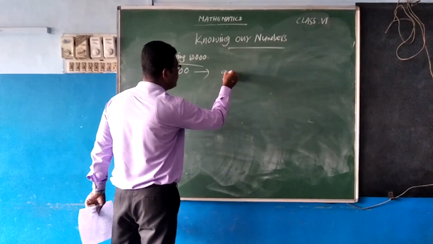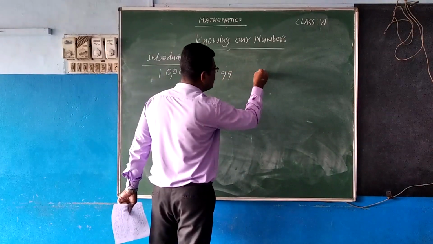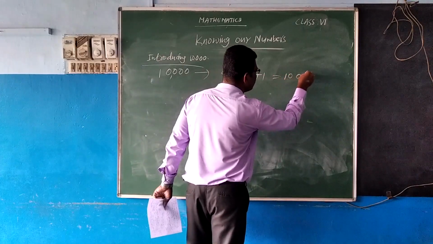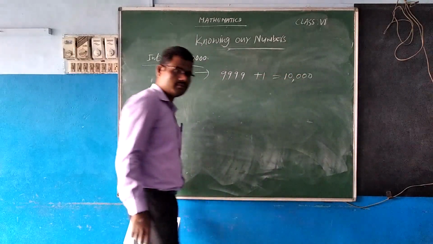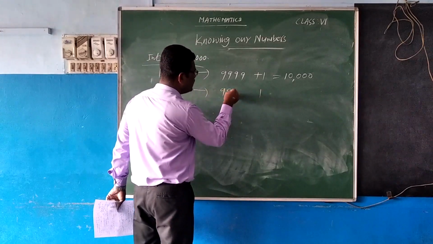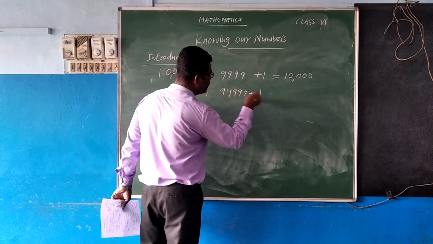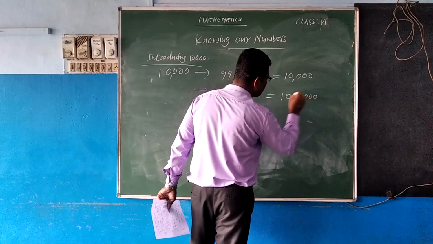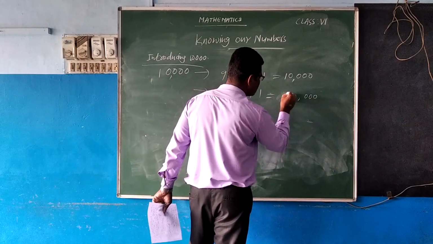If you add 1 to the highest 4-digit number, we will get the smallest 5-digit number. If you add 1 to the highest 5-digit number, we will get the lowest 6-digit number. Do you agree with this?